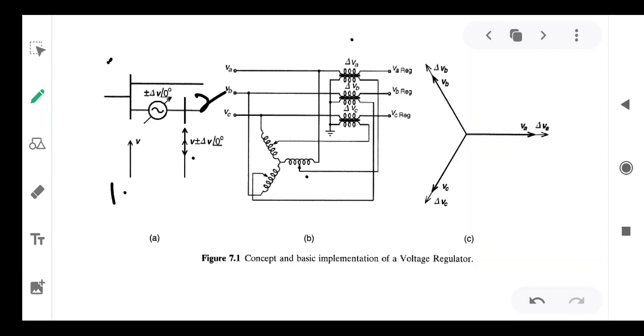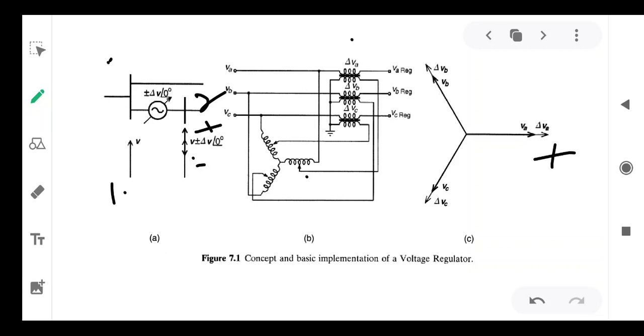This is minus, this is plus. Similarly here, this is plus. Similarly in all 3 phases, you will get plus delta VB, plus delta VC. We can also include the minus delta VA, minus delta VB and minus delta VC.